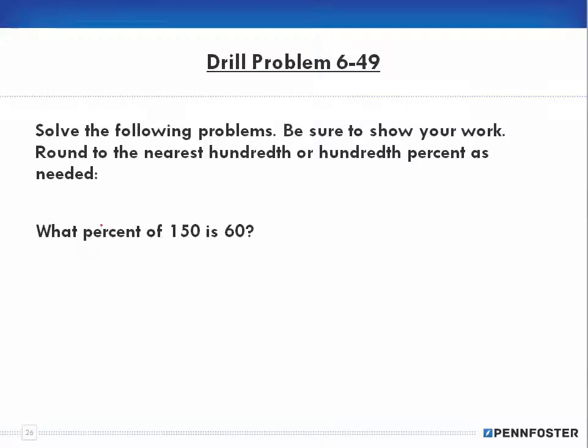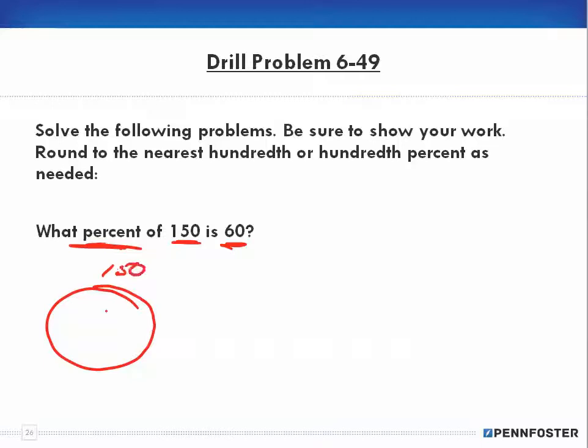It's asking us for the percent, but we're being given two whole numbers. What percent of 150 is 60?